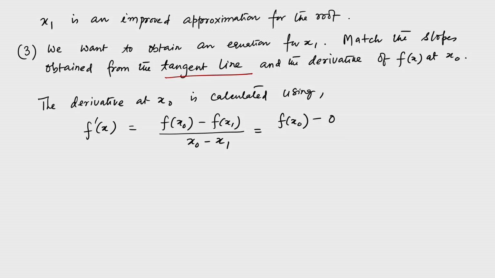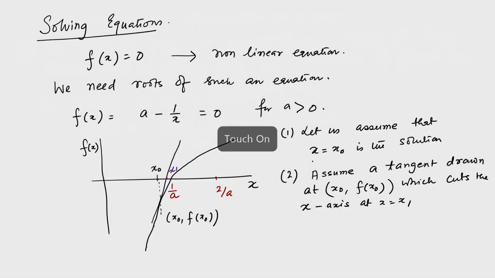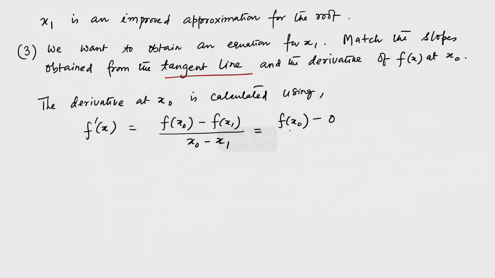The function actually has a value 0 at x 1 because it touches the x axis.